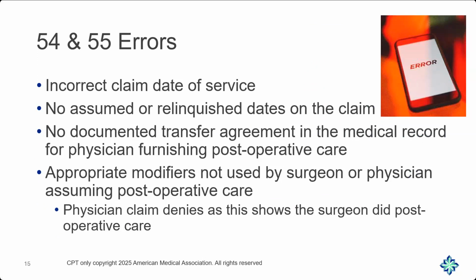So that's one. No assumed or relinquished dates on the claims. How do we know how much to pay you? We have to take that and break it into a percentage or give you all of that 10%. But without those dates, we can't say, hey, you did 60 and you did 30, or you did 20 and you did, we don't know how to do that.